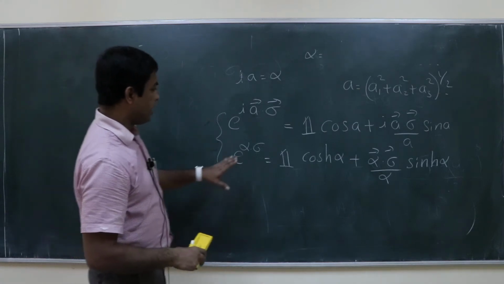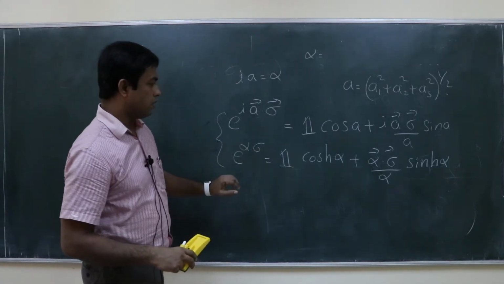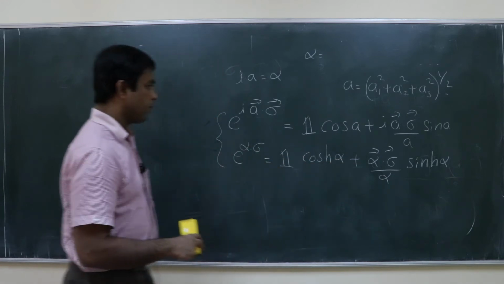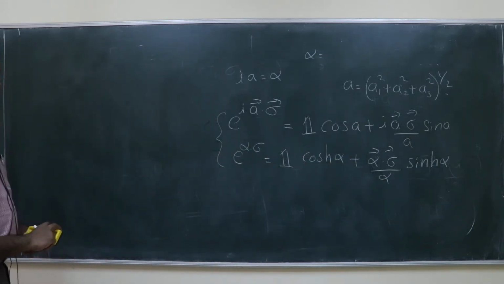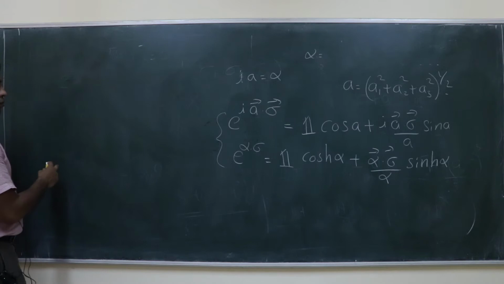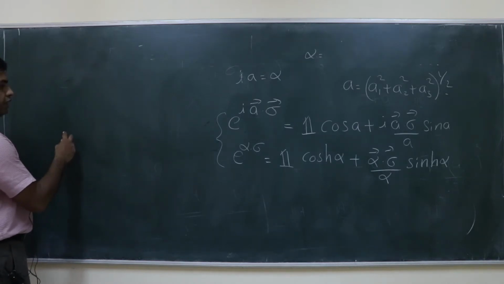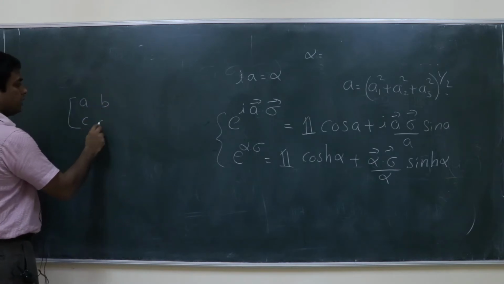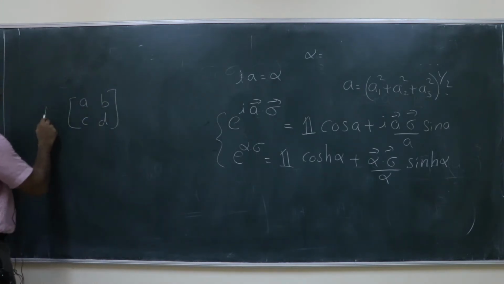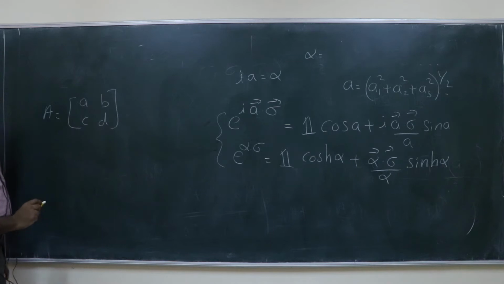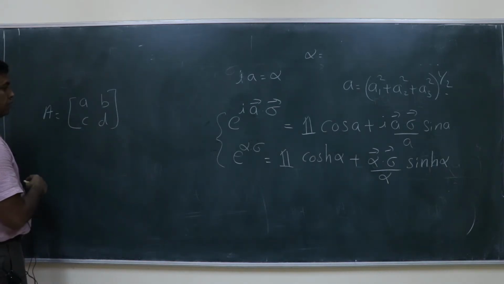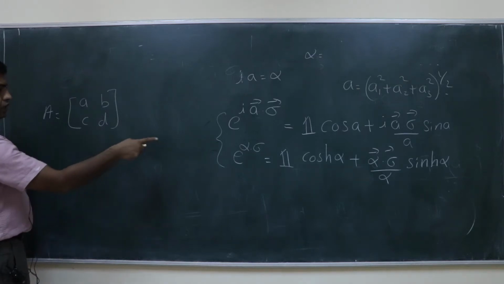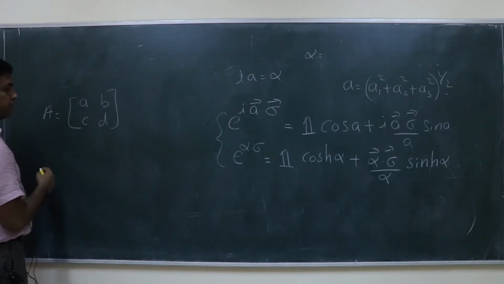Now e power alpha dot sigma is equal to this one. And you know that any general 2 by 2 matrix, suppose this is A, I can write down in terms of sigmas and the identity matrix.